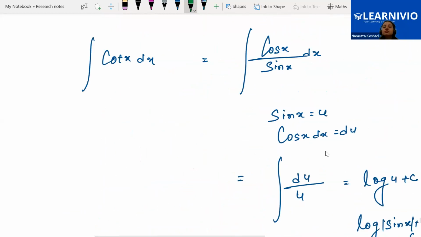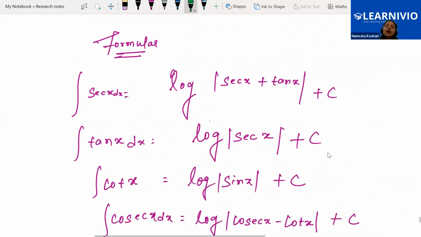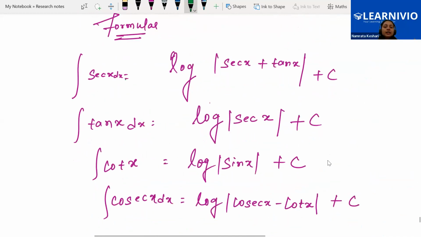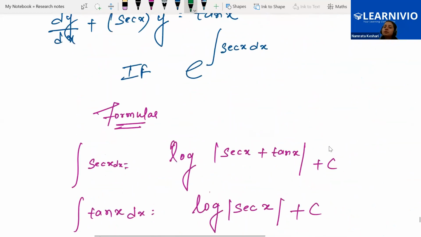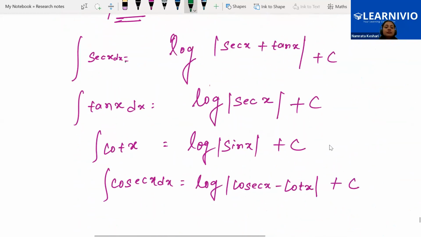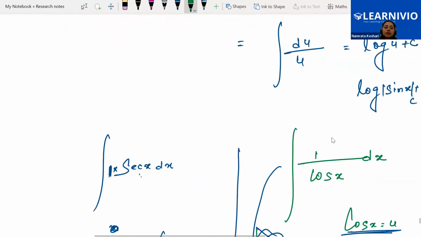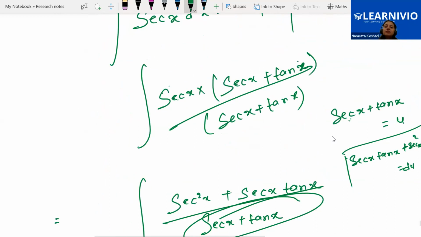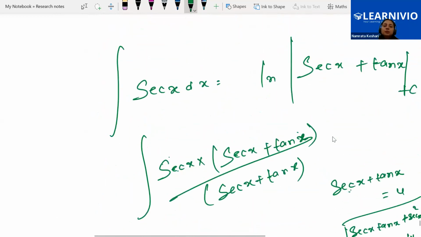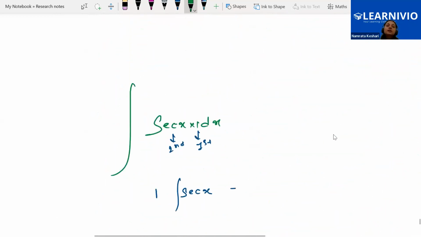Nothing was working over here. We tried by parts. We tried by doing the substitution 1 by cosec. It was not working at all. And then we ended up getting it like this. We apply one trick, and that makes it so simple, which was eventually not that easy, right?